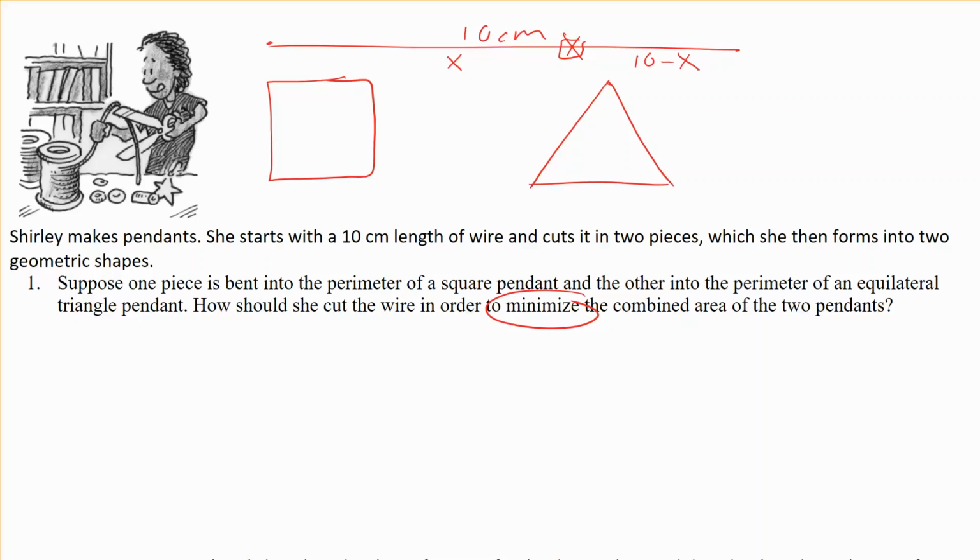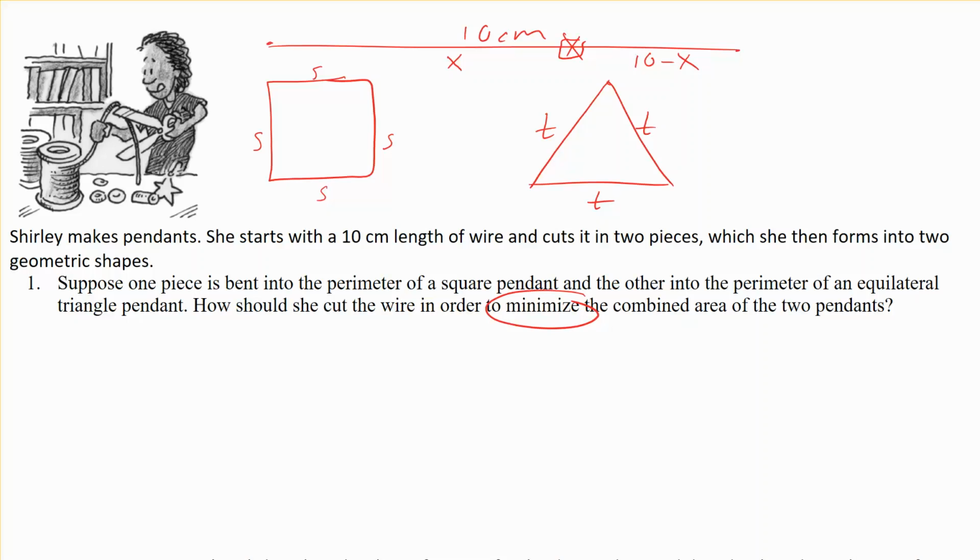So I've got a square, and it has sides of s, and the other piece is bent into the perimeter of an equilateral triangle pendant. So I guess we'll go t, t, t. I think right there we can come up with a couple of equations.